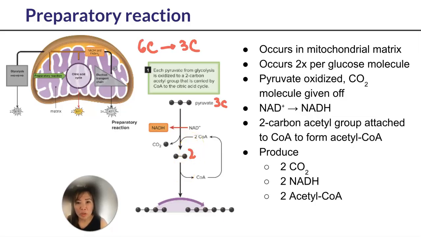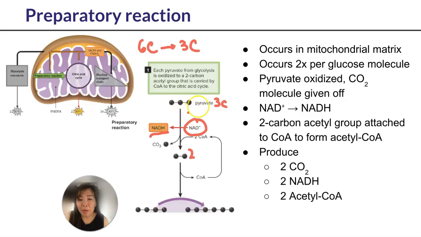In order to do that, this pyruvate is going to be oxidized, and remember that oxidation means that we're going to release electrons and we're also going to release hydrogen atoms. We release this electron and hydrogen atom, and those will be added onto NAD plus to make NADH.